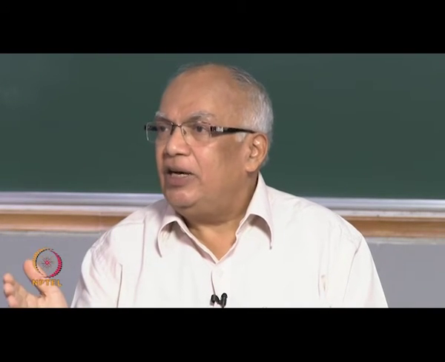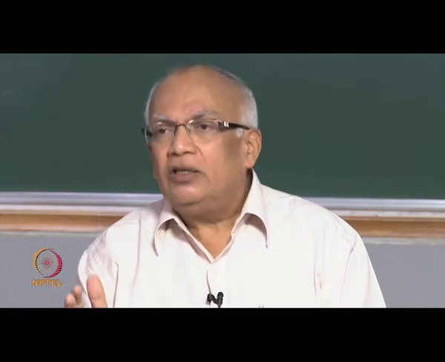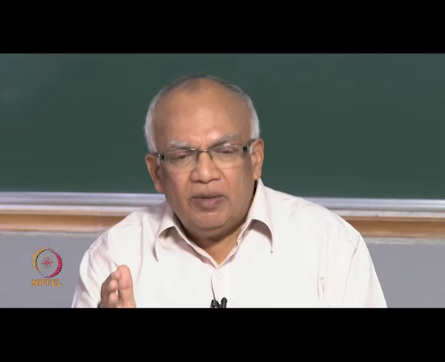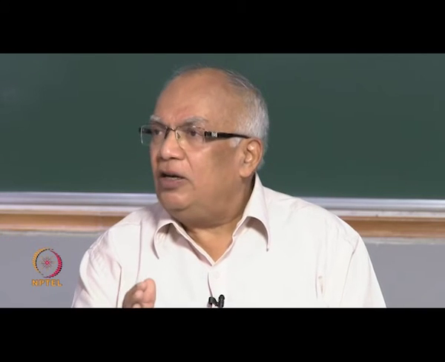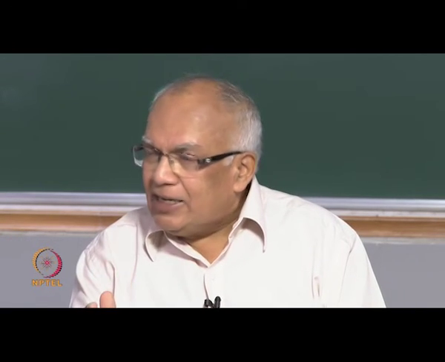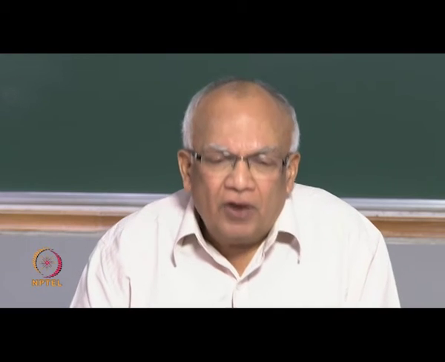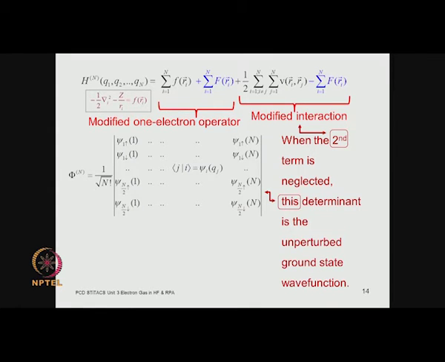When it is introduced, you will have a different Slater determinant, but when you do not include the modified interaction, you will have a Slater determinant which is a determinantal wave function for the n electron state, coming from the self consistent field solution for the n electron Hamiltonian, which is made up of the little f plus the capital F, which is the modified single particle interaction.